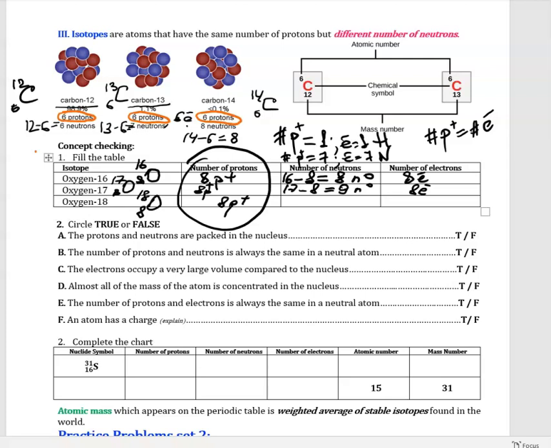It's another element, okay? So number of neutrons, 18 minus 8 equals 10 neutrons, okay? And the number of electrons in a neutral atom is the same as the number of protons, so that will be 8 electrons, okay.